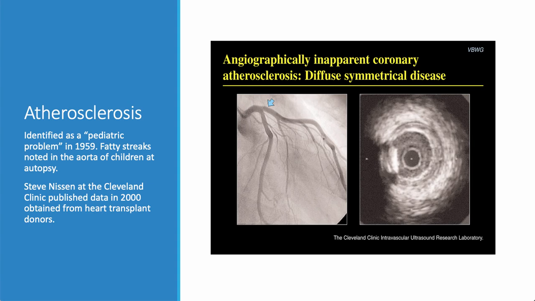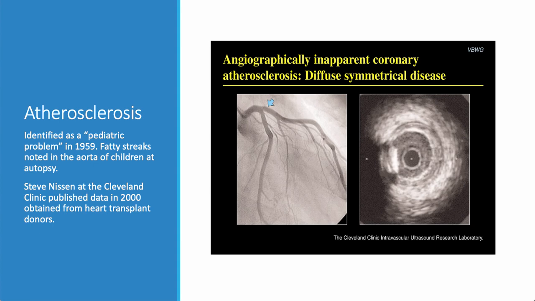They did autopsies on children, and they noticed that there were fatty streaks in the coronary arteries, even in these young kids. Soldiers who were killed in Korea, same thing. They could have fatty streaks in their arteries, and yet these patients hadn't developed coronary artery disease in a clinical sense yet.